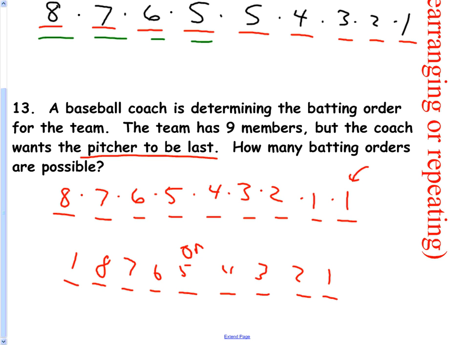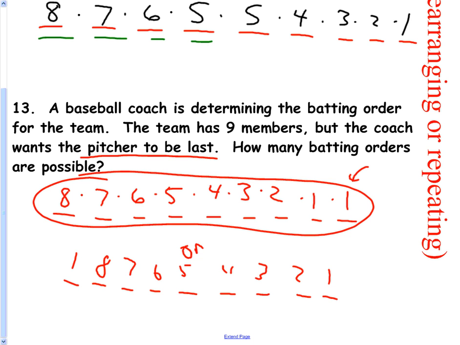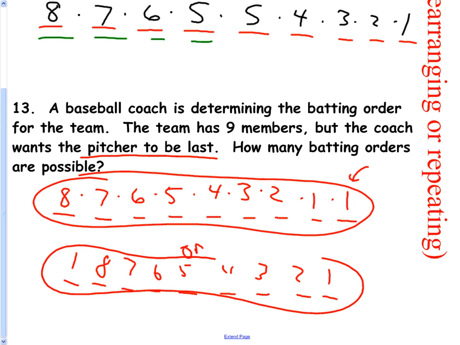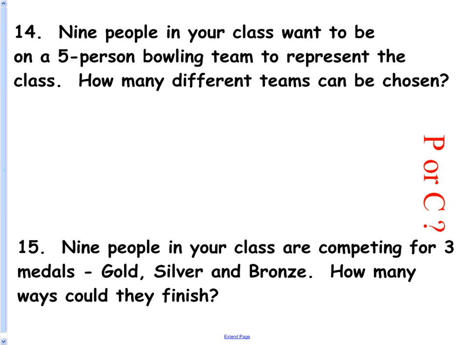And that's pretty much the same thing as this, but it says or. That means we figure out all of these ways plus all of these ways, which are different. The pitcher's on the left now. And or means we do what to them? Add them. All right. I want to stick with or being add so that I can be consistent on that.